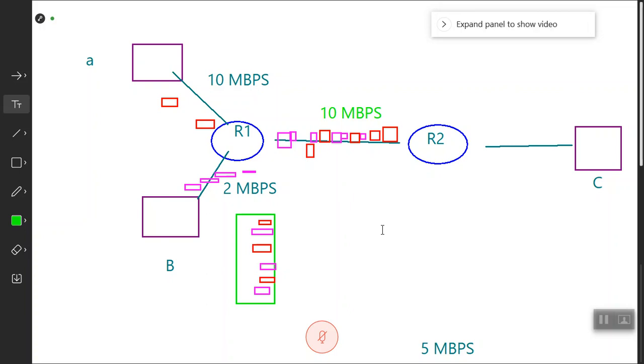But the advantages that we see in the packet switch networks are it's a better sharing of bandwidth. In, let's say, FDM, you have a frequency reserved for you. And if you're not sending anything, you're wasting that frequency. And even if you have time division, you are given a time slot.